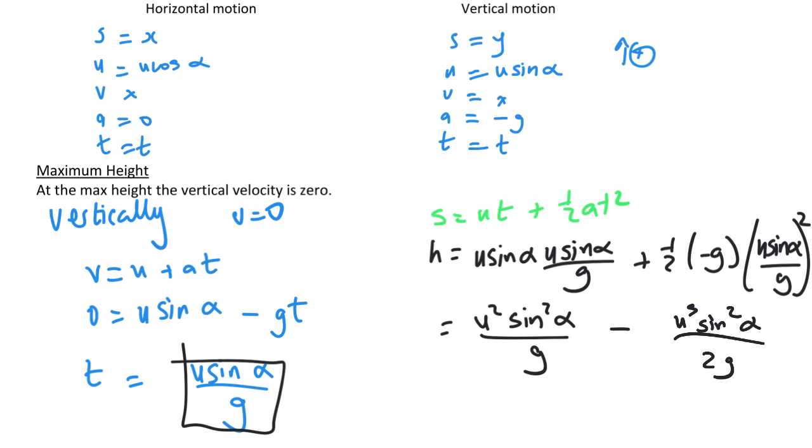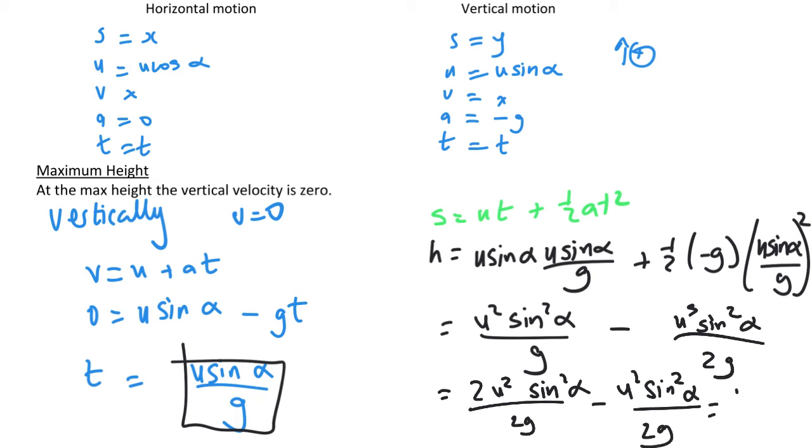Now we've got a fraction minus another fraction. We need a common denominator. So that's going to be 2u squared sine squared alpha over 2g minus u squared sine squared alpha over 2g, which is going to be u squared sine squared alpha over 2g. So generally speaking, the maximum height of a particle is going to be u squared sine squared alpha over 2g.